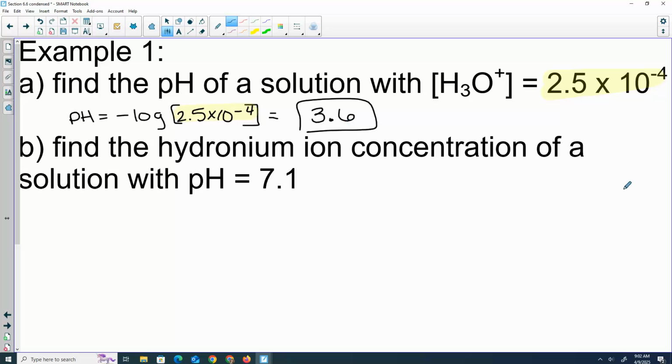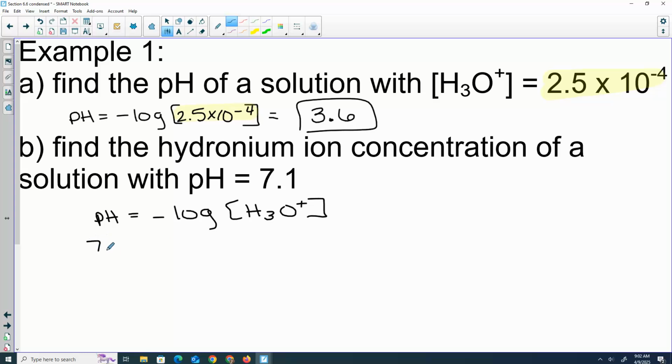Part B says find the hydronium ion concentration of a solution with pH of 7.1. So here, if we look at our pH formula, this is the formula that we are given, and you never have to memorize it.